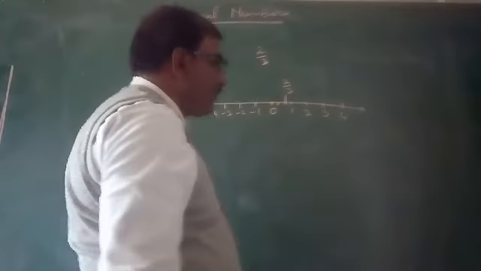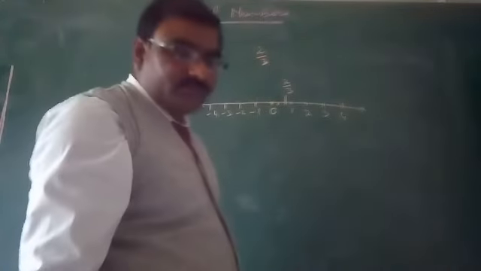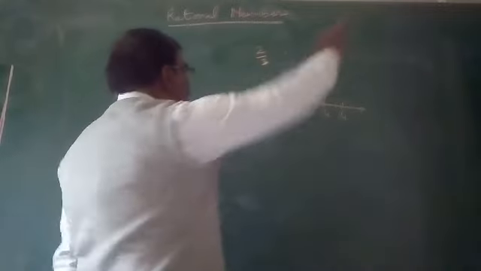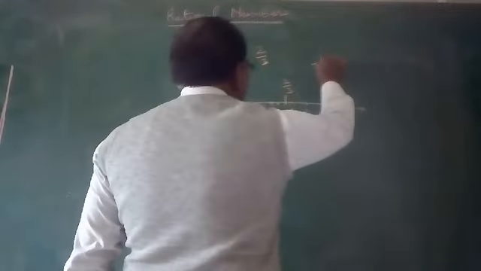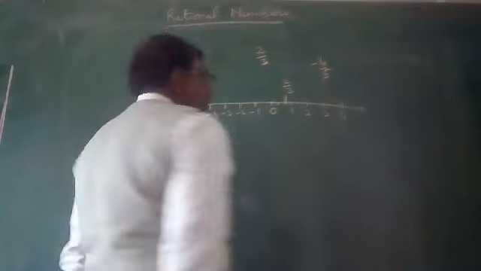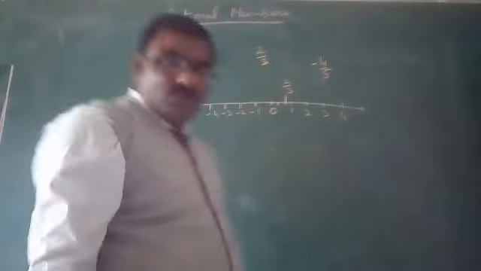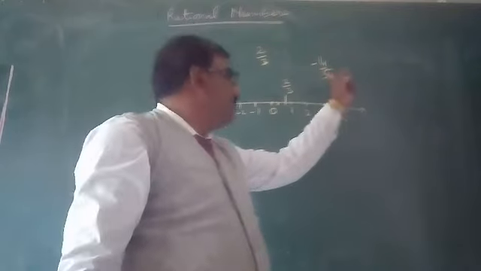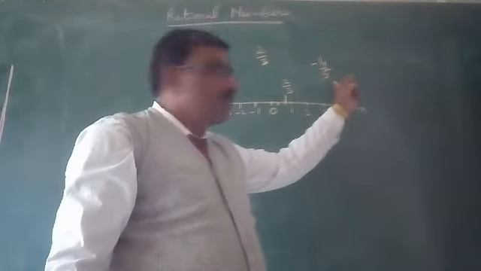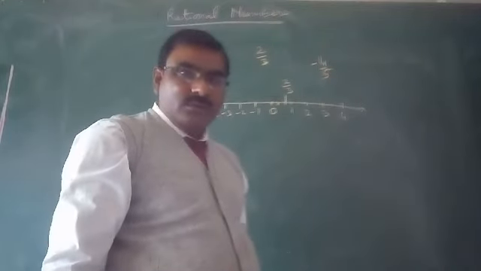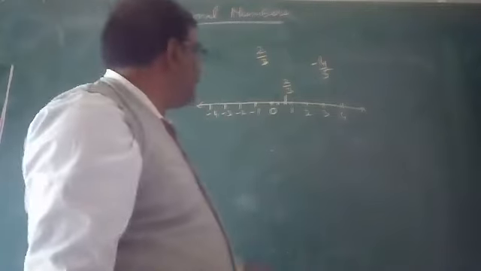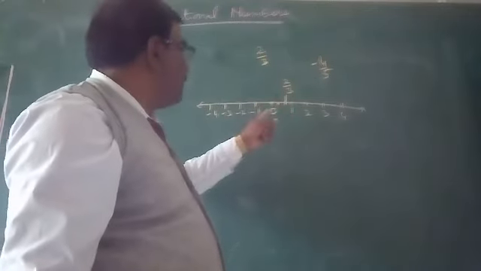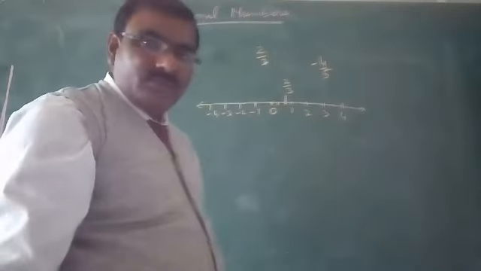If you consider any negative rational number, suppose -4 by 5. Here also the denominator is greater than the numerator. It is clear that this number will be between 0 and -1.